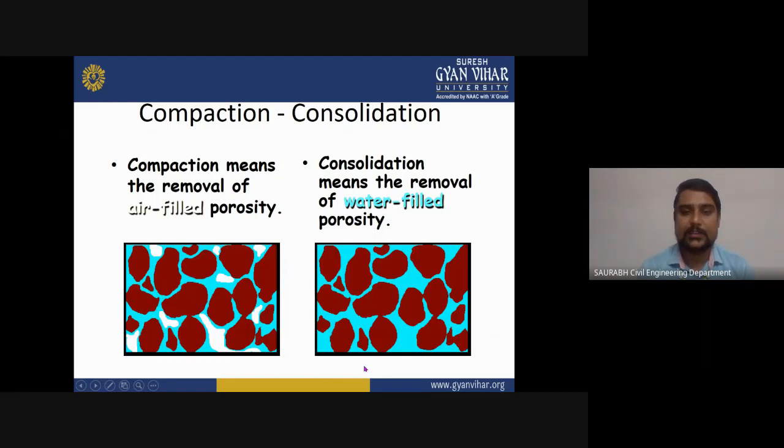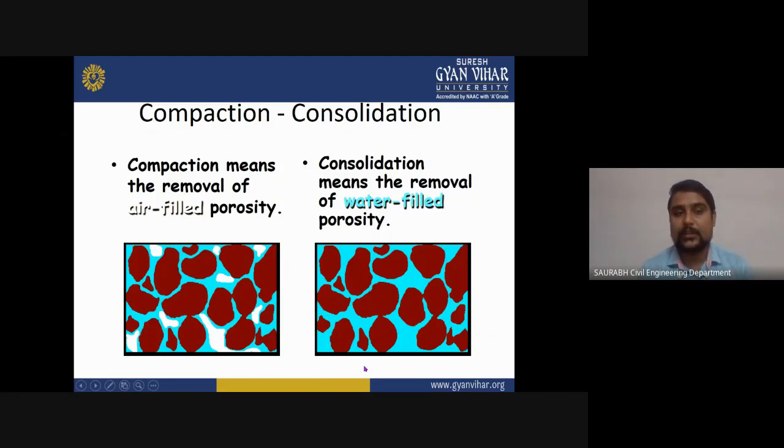Now we will see the difference between compaction and consolidation. As I told you, consolidation means removal of water-filled porosity, and compaction means removal of air-filled porosity.